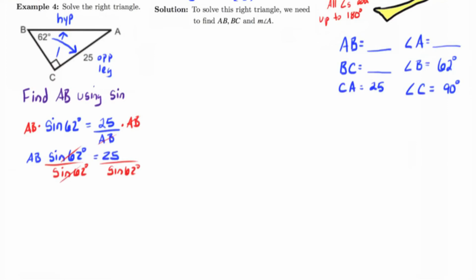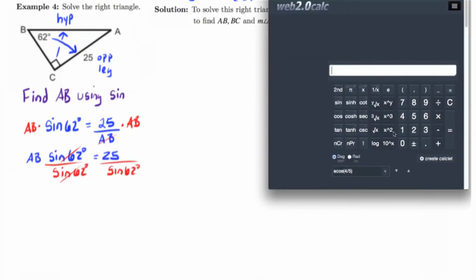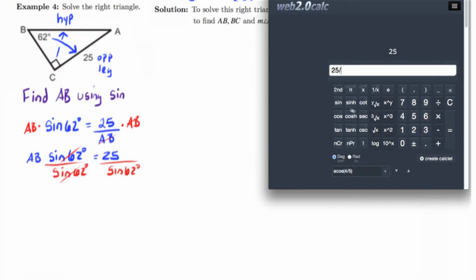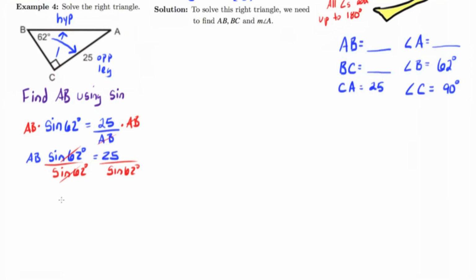So I'm going to solve for AB, 25 divided by sine of 62. We're using regular sine here, not the inverse sine. And I get 28.31. So side AB is 28.31.